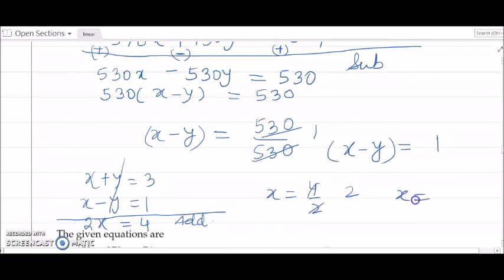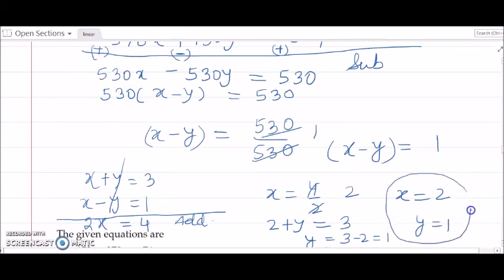You got x is equal to 2. And if you put x की वैल्यू यहाँ पर, 2 plus y is equal to 3, then y is equal to 3 minus 2 is equal to 1. You got y is equal to 1. So x is equal to 2 and y is equal to 1 is the solution of this pair of equations in two variables. Simply, it is not so much difficult.